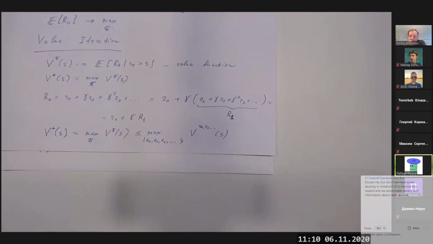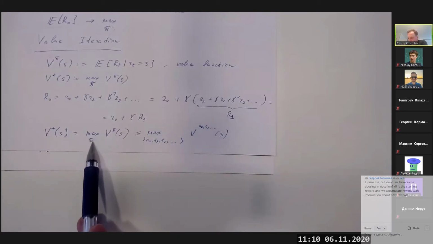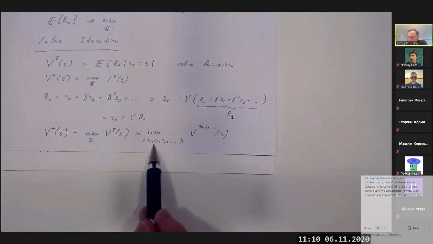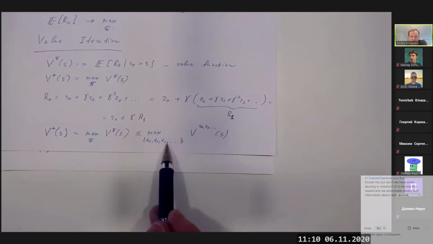And if we optimize without regard to this constraint, then it's broader. Well, yes. In a policy, we have some kind of consistency. Our policies say that at the same state, we should choose the same action, regardless of the particular time moment at which we observe this particular state. But here, at least in theory, we are allowed to use different actions for the same states at different time moments.